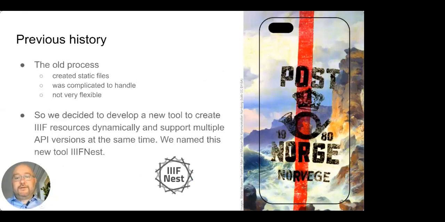The toolchain we used in the past was quite complicated and not very flexible. It creates static files and only supports IIIF Presentation API 2. So we decided to develop a new tool to create IIIF resources dynamically and to support multiple API versions at the same time. We named this new tool IIIF Nest.